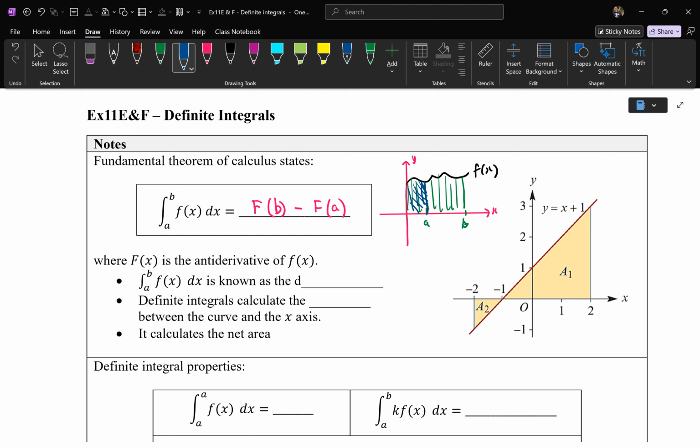And so hence, when you do F of b minus F of a, you're essentially finding the area between A and B. Okay?